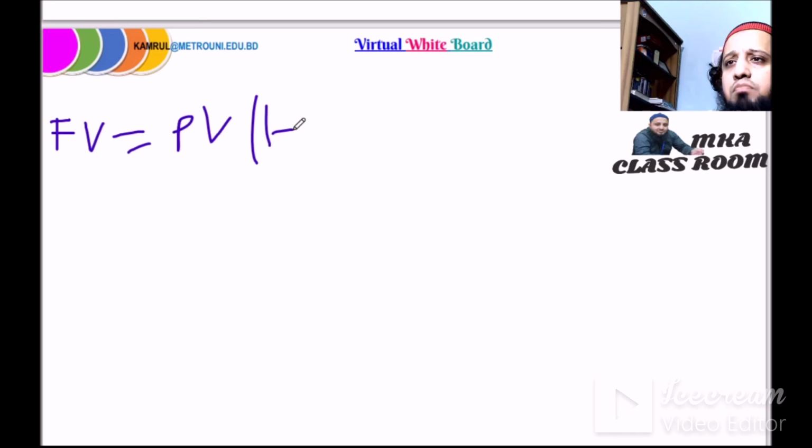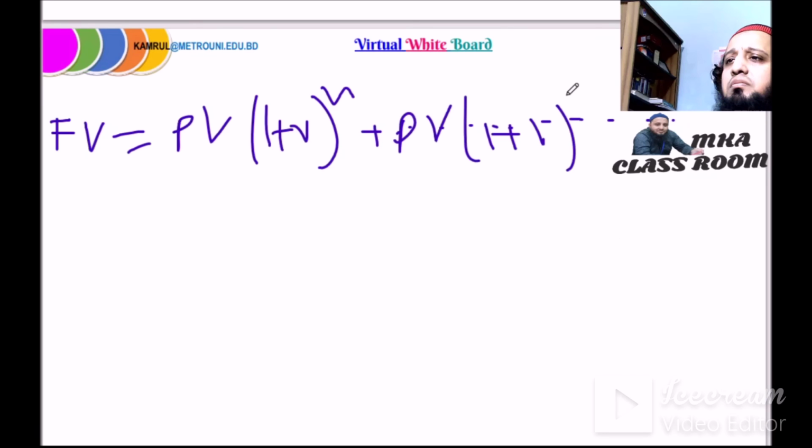So here there are several single amounts, whatever the amount, no problem, you add them. This is the formula: PV into (1 plus r) power n.